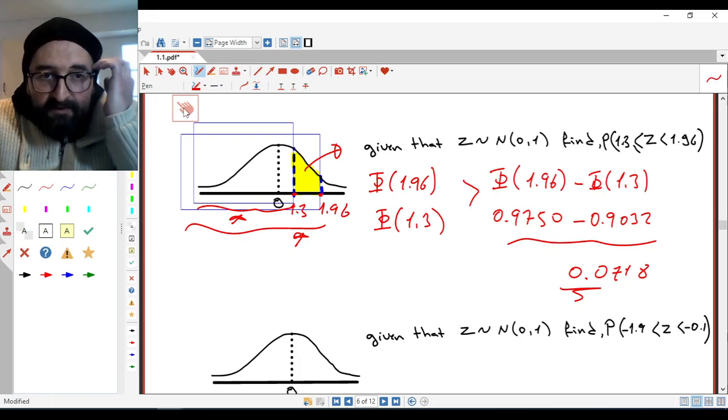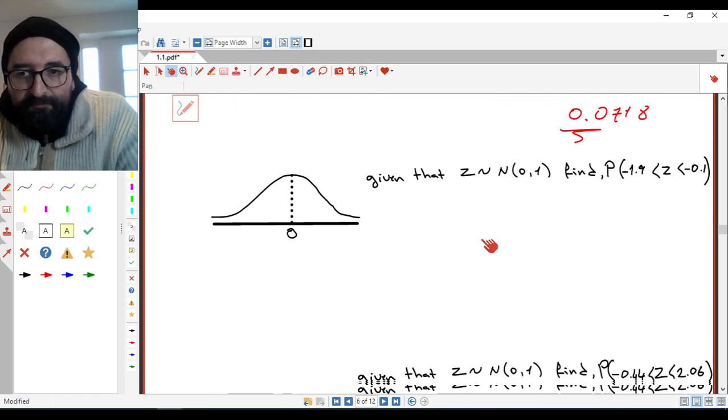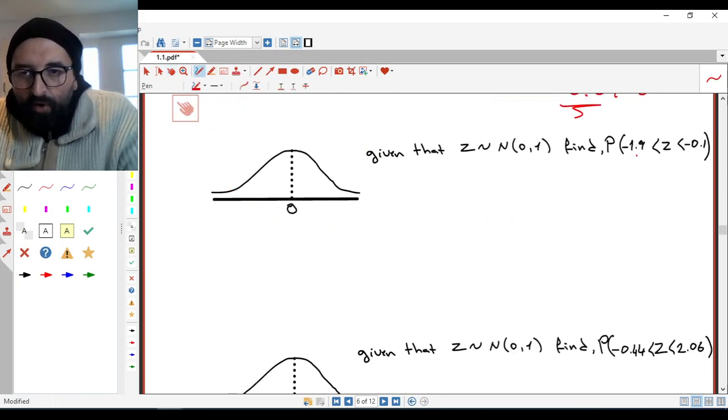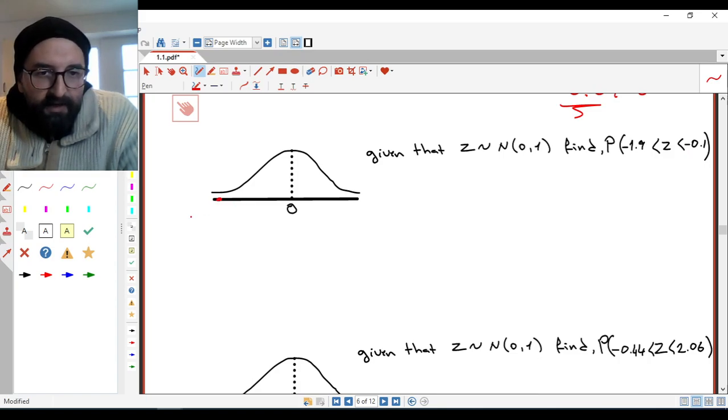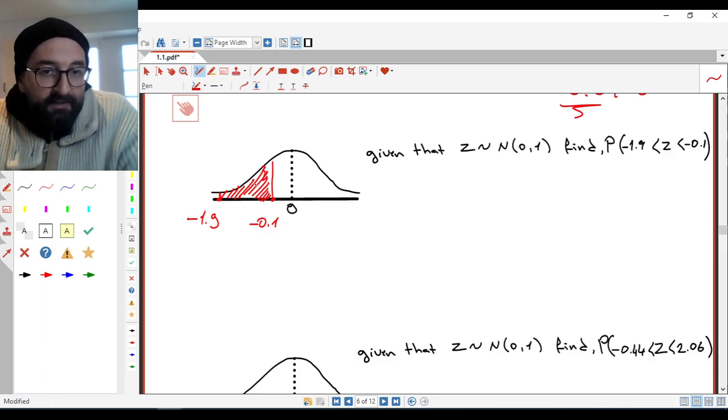Okay, and we have only 3 question more, and we are looking for between the probability of between negative 1.9, negative 0.1, negative 1.9 here, and negative 0.1 here, and we are looking for greater than negative 1.9, less than negative 0.1, and this part.